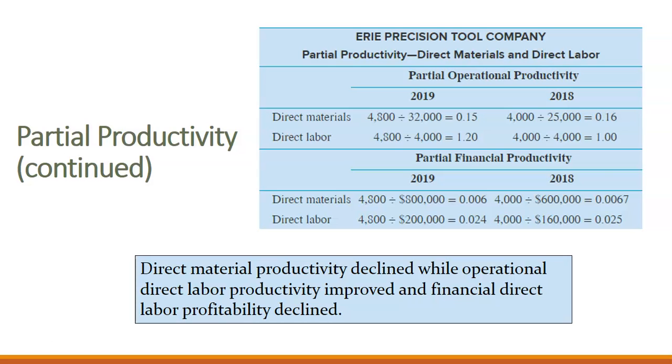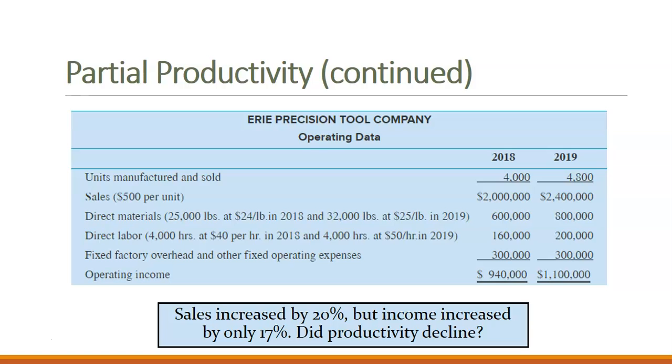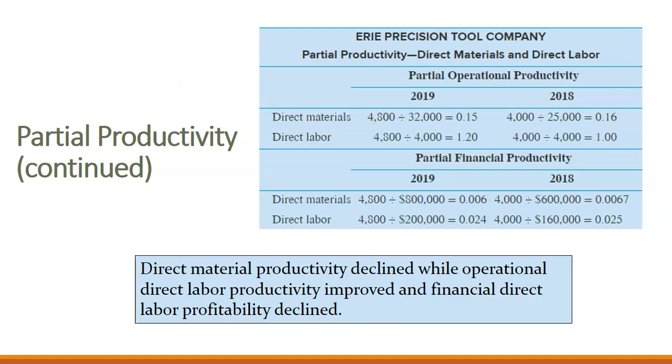So we look at direct materials and direct labor, and we're comparing years 2018 to 2019, which is also what we did in the previous slide with our sales and operating comparison. What we see is that productivity did decline for direct materials, but our productivity for direct labor increased.